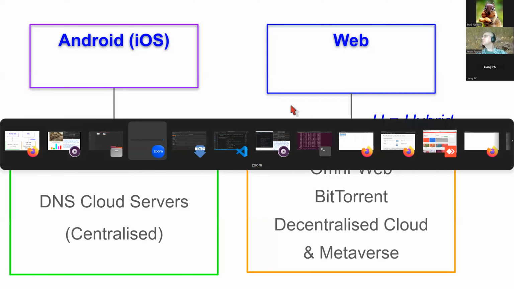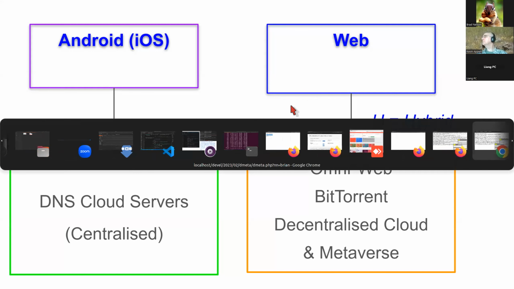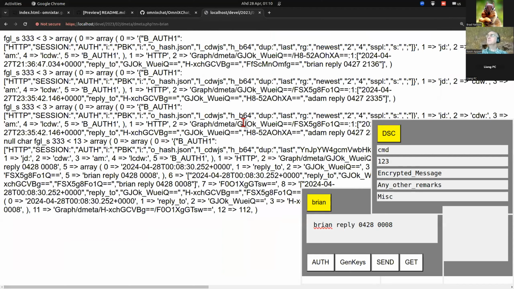Okay, the next part I wanted to show you is something like this. This is a very simple web client, which has a login using RSA encryption. So you see, what we do here is that we created a system for login using hashes.